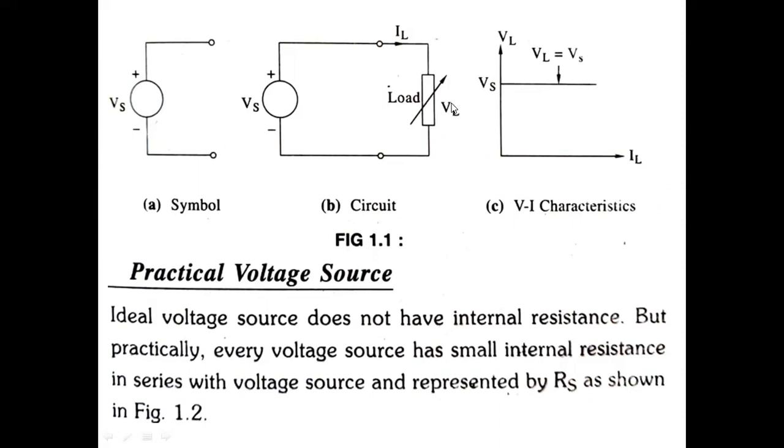VL equals VS. Here this is a variable load. Load varies, current varies. So even though current is varying, VL remains constant, that is equal to VS. That is shown in the graph.